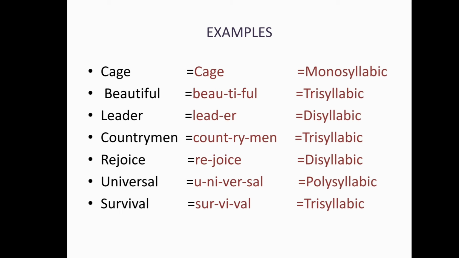Now, let us observe the examples. The first one, cage. In this word, we find two vowels, A and E, but using A, which is in between C and G, we are pronouncing it as cage, and we call it a monosyllabic word.